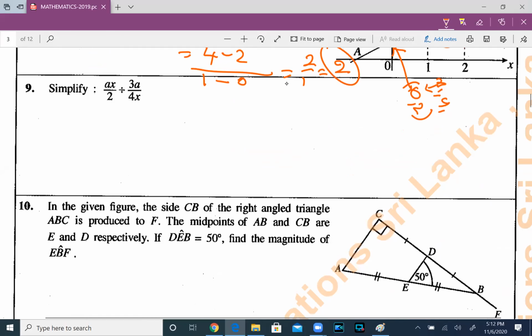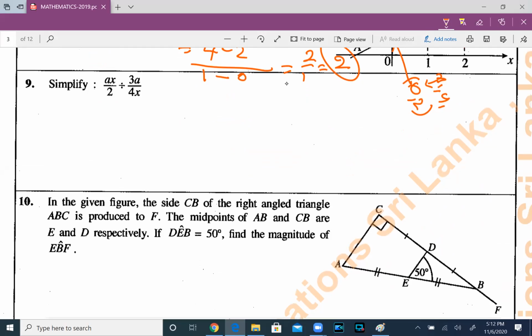So we'll check the ninth one. ax over 2 divided by 3 over 4x, that is what they have given here.